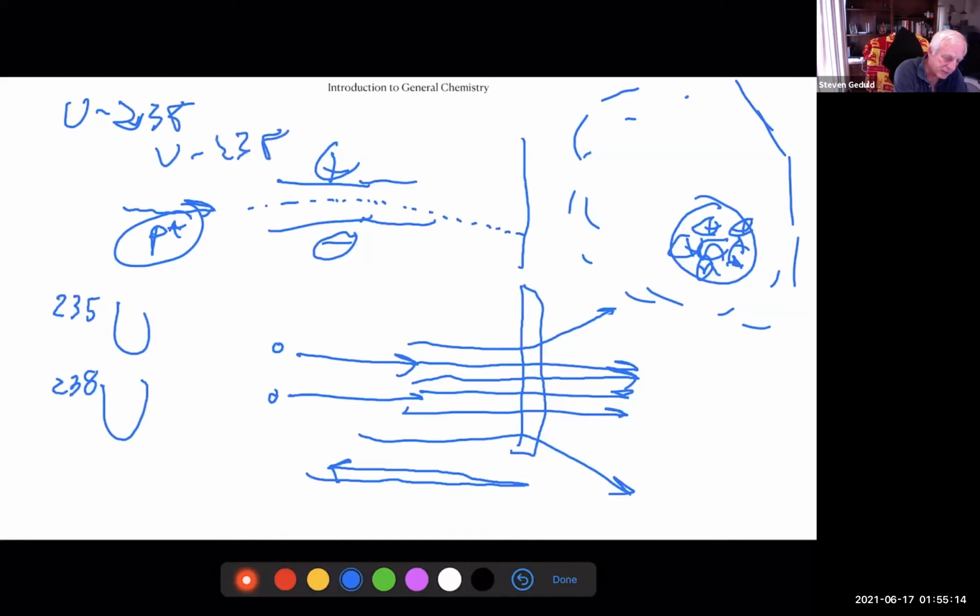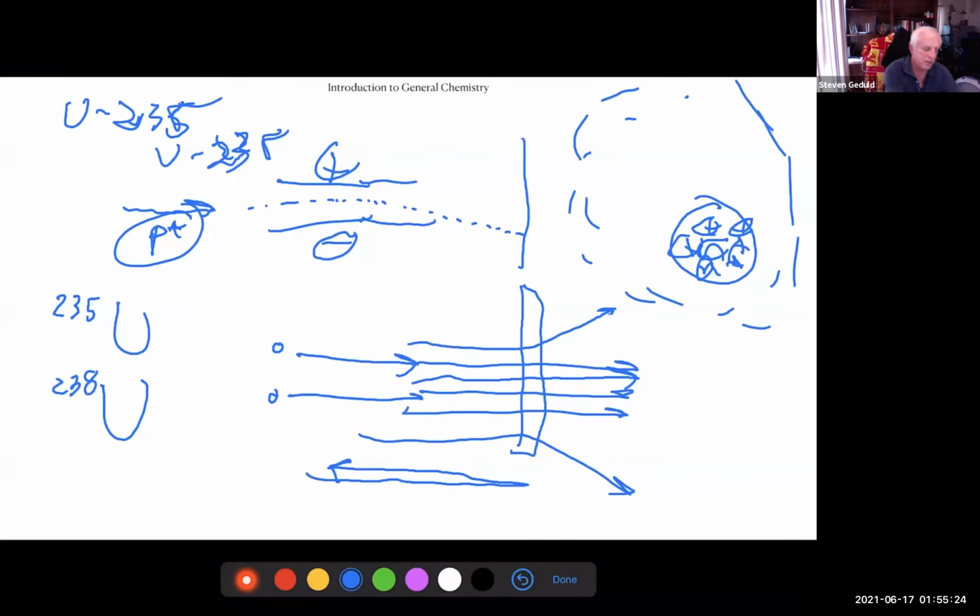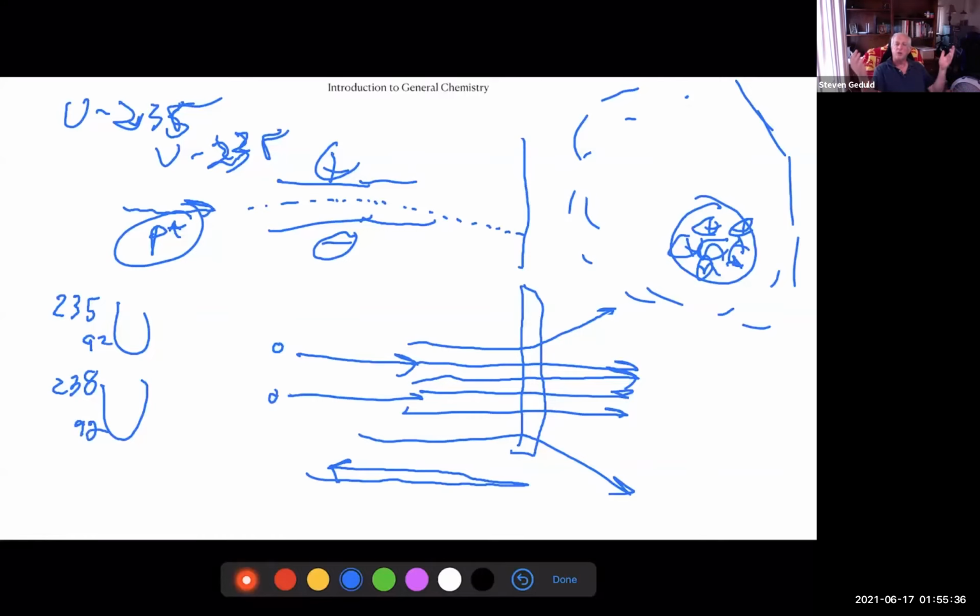My writing's not very good here, but that's a 5, that's an 8. Uranium has how many protons? Look at the periodic table. Uranium is number 92. You can put 92 down here. That's your number of protons, but that never changes. Once you write uranium, you know it's 92 protons. So there are two isotopes. They both have the same number of protons, same element, but a different number of neutrons and a different mass.